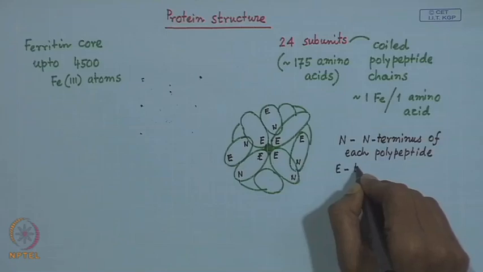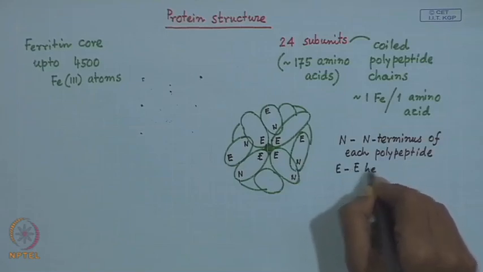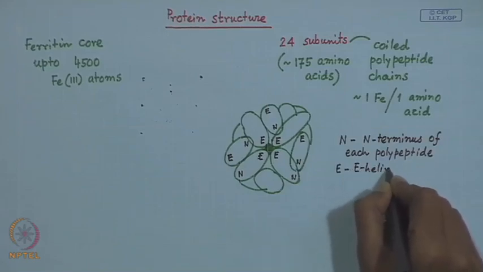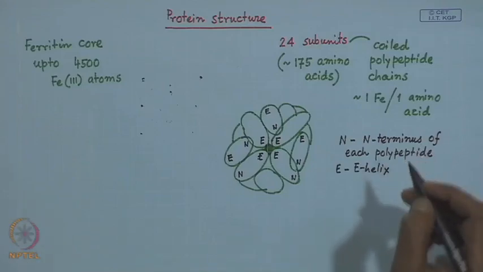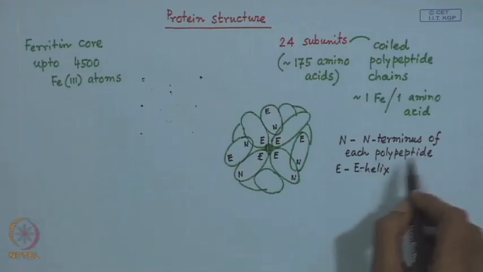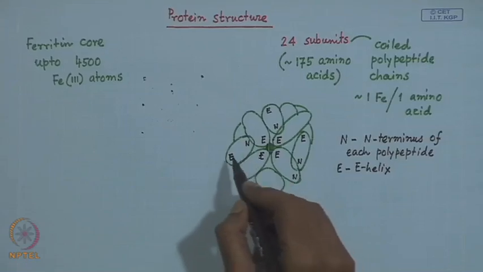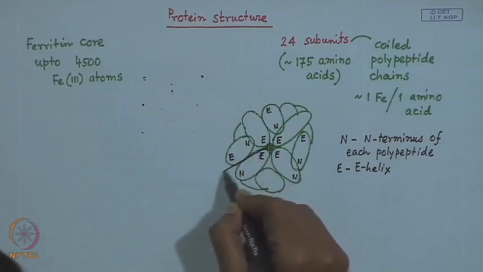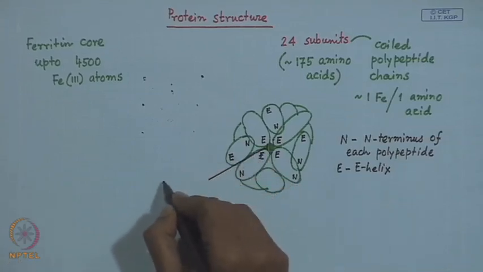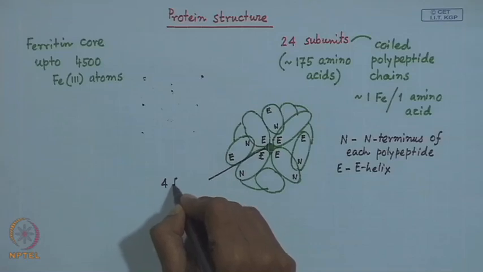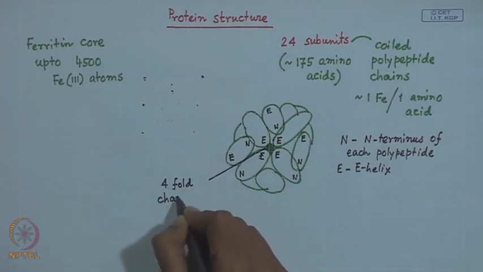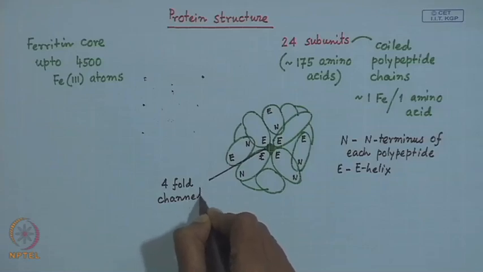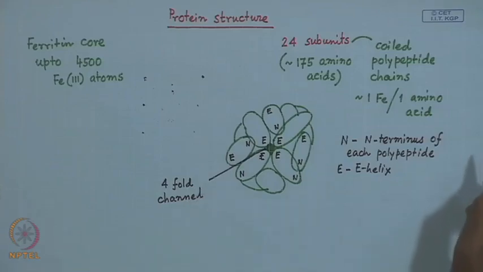We consider E as the E helix part. So, this 4-fold channel, which is the N terminus of each polypeptide. So, this E part is basically where we get the 4-fold channel. Why are we talking about this channel?